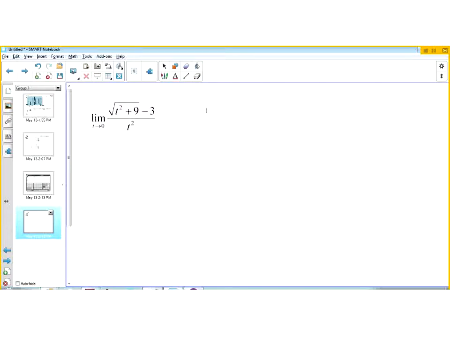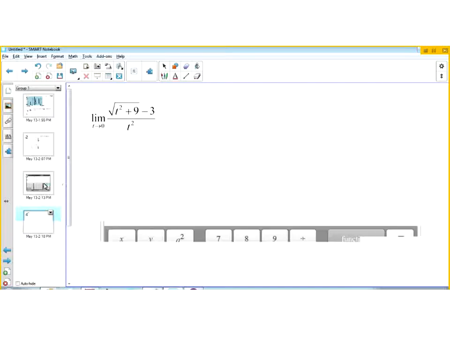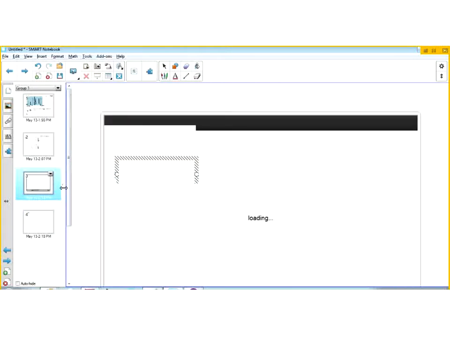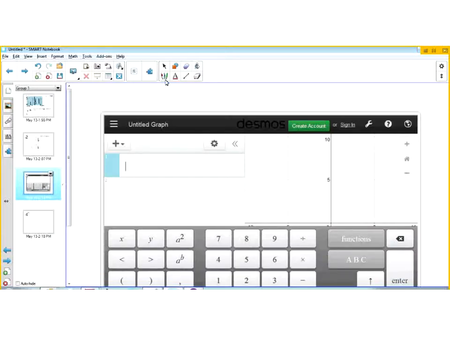As t approaches 0, well, clearly, 0 is not in the domain of this function. So one choice we can deal with to answer this question is we can use a tabular approach, or we can go back and attempt a graphical exploration. So let's try a graphical approach at the outset.